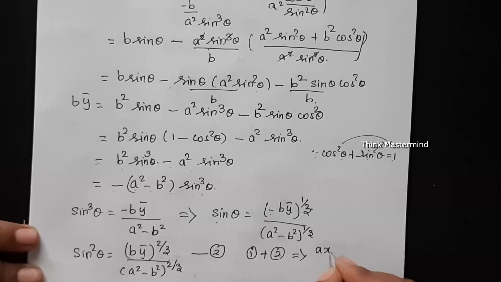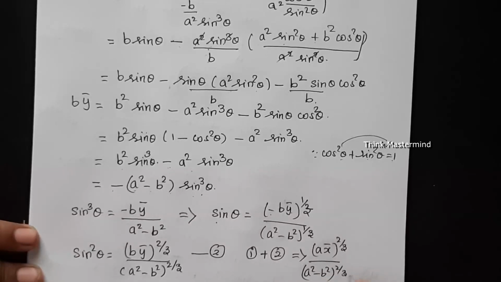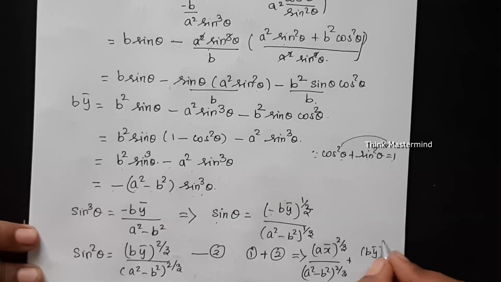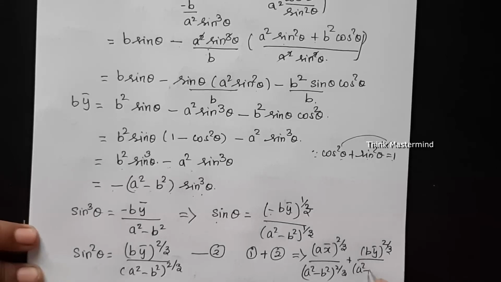From 1 and 2, 1 plus 2 is equal to (a x bar) whole power 2 by 3 by (a squared minus b squared) whole power 2 by 3 plus (b y bar) whole power 2 by 3, the denominator is (a squared minus b squared) whole power 2 by 3, is equal to 1.